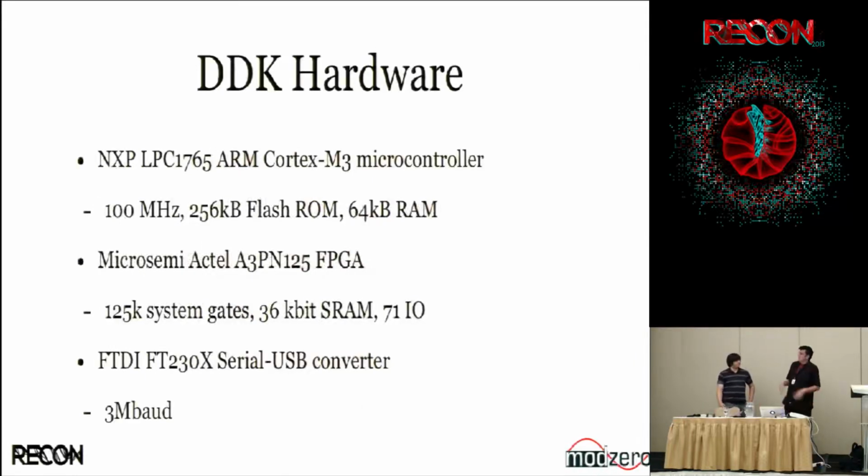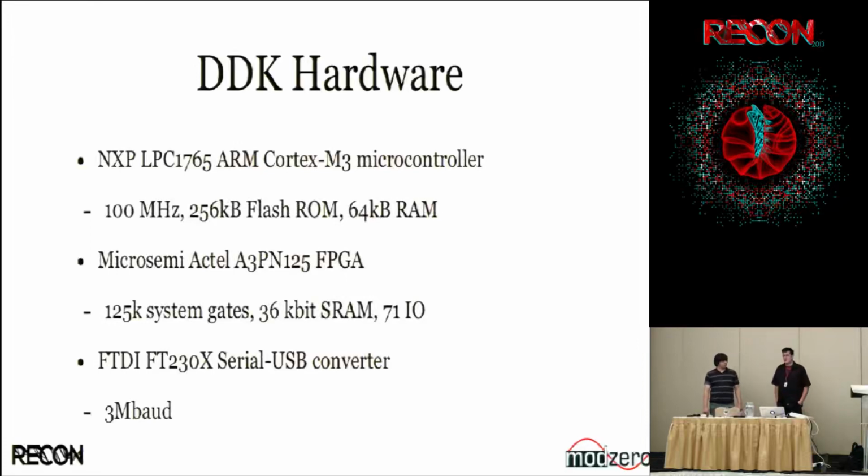So we decided to choose one of these NXP LPC processors for interfacing to the user or the hacker and the FPGA. There are no special reasons why we chose this one, but I know this LPC the best, so we just chose it. It runs at 100 megahertz.